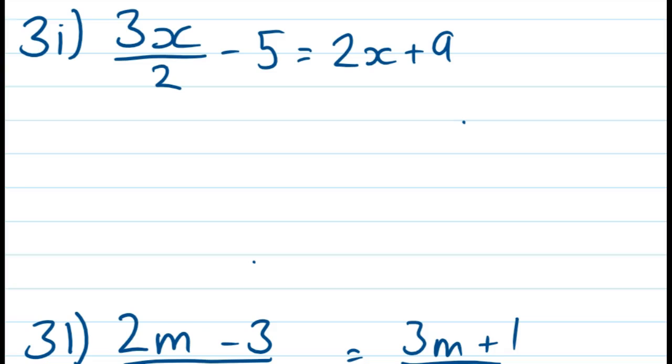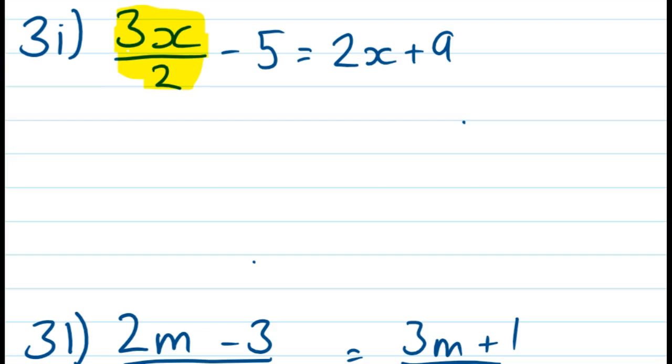Okay, the next one is different because it's got the fraction here. One term is a fraction. None of the rest are fractions. I've got that one fraction making everything a little bit more difficult. So what I do is I times every single term by 2 to get rid of that.